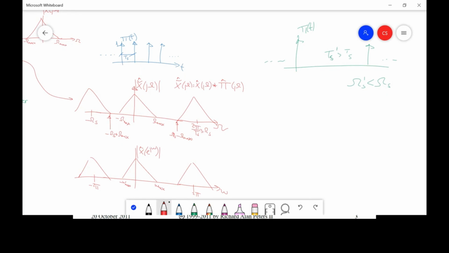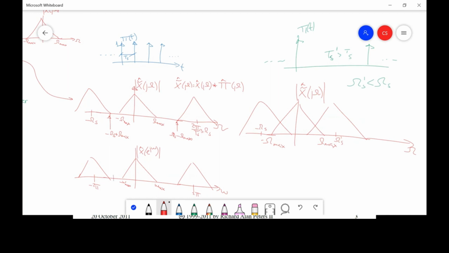So now the spectrum will be something like this: minus omega max, plus omega max. But now omega s prime is smaller. Let's say that it is so small that now the copies overlap.